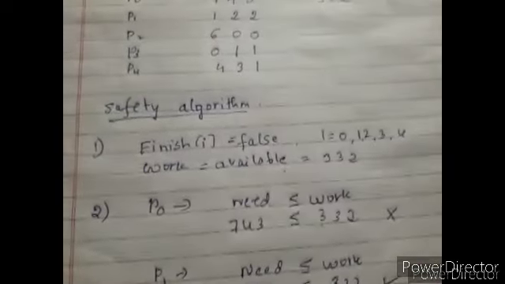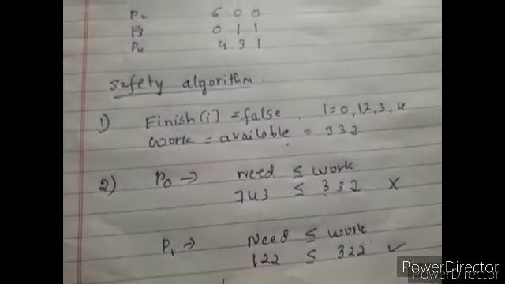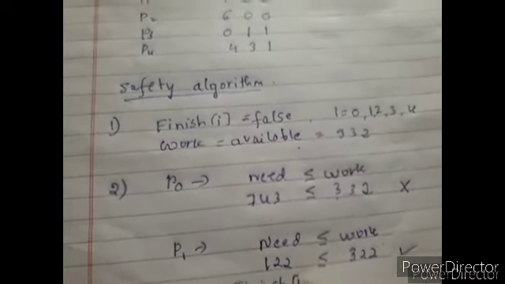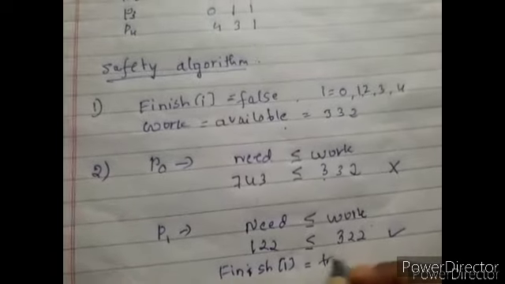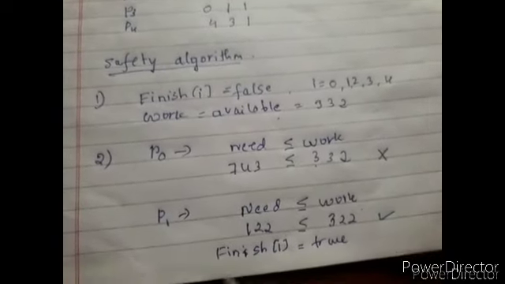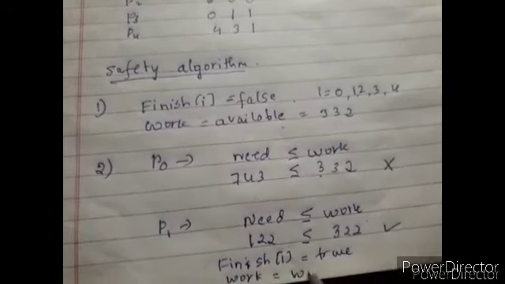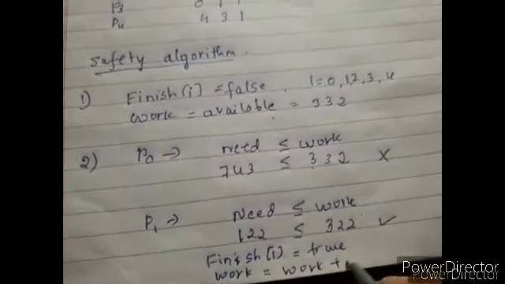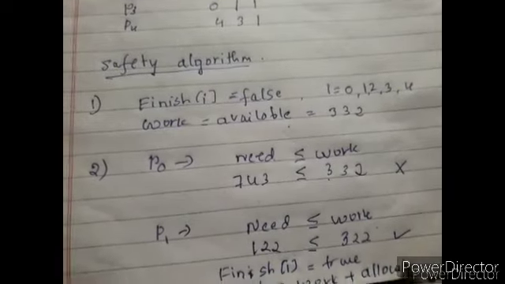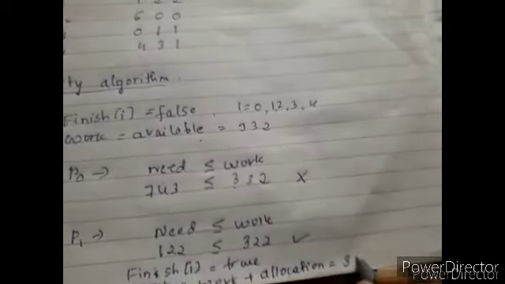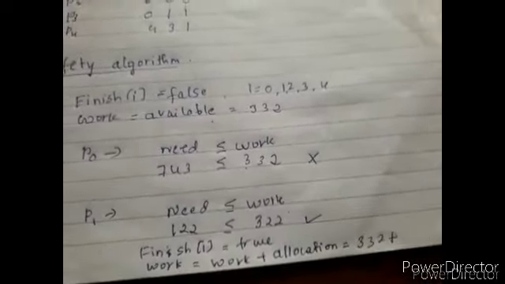Next we can write finish of 1 is equal to true, and next we need to calculate work is equal to work plus allocation. What is the work value? Work is nothing but 332, the current work, plus the allocation of process P1.